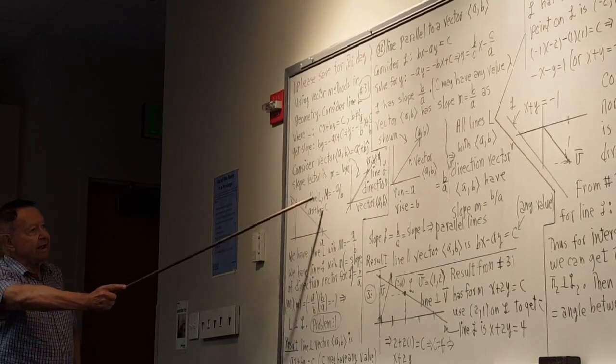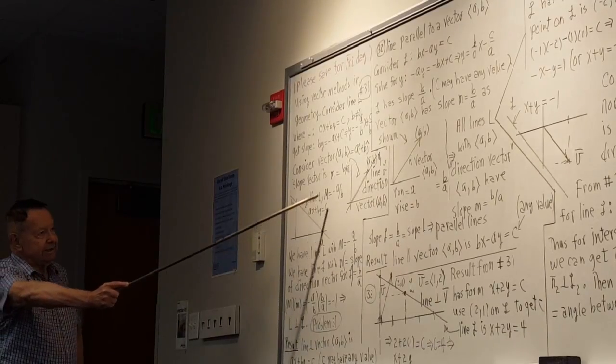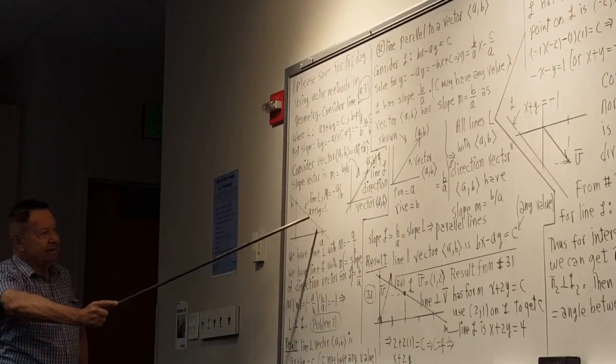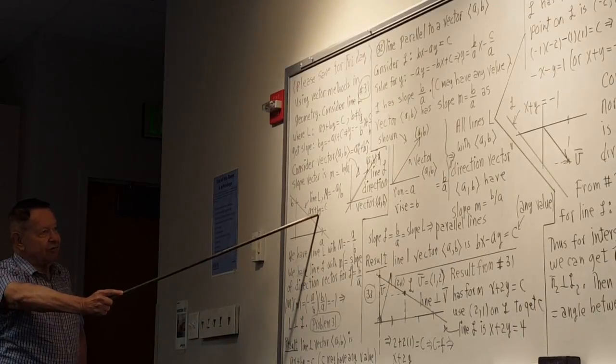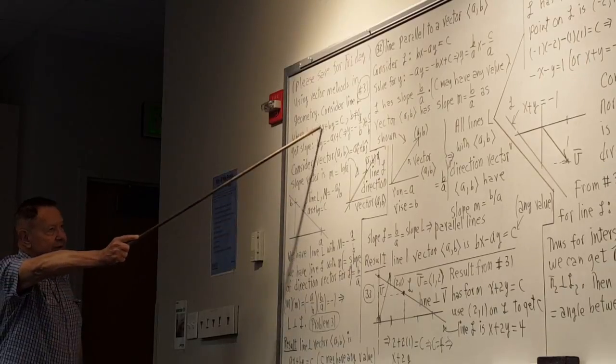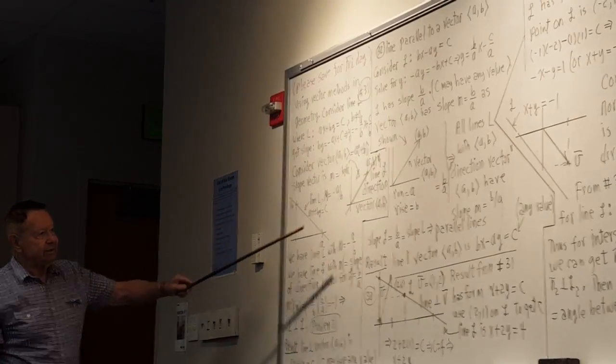So think of a line L then, where the slope is minus A over B, and that would come from a line with this formula for which we figured out what the slope was.